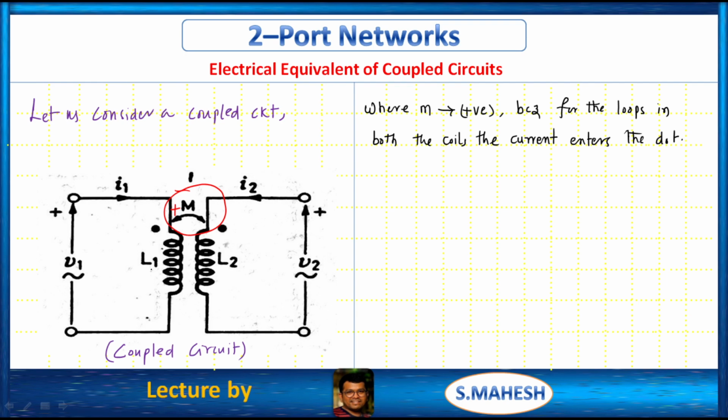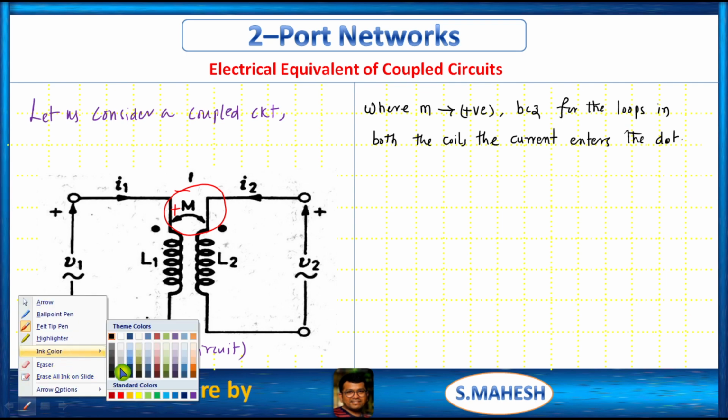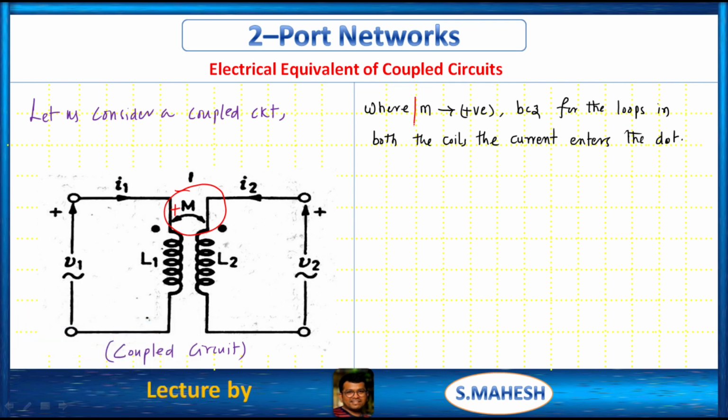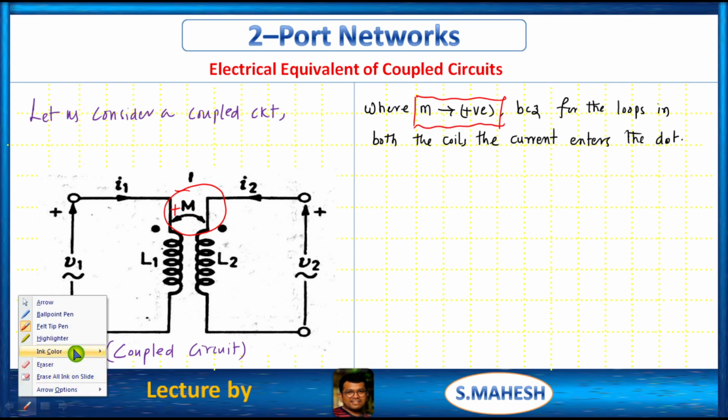That is the reason. So from both the coils, the current enters the dot. Obviously we have a positive value of mutual inductance. Clear?